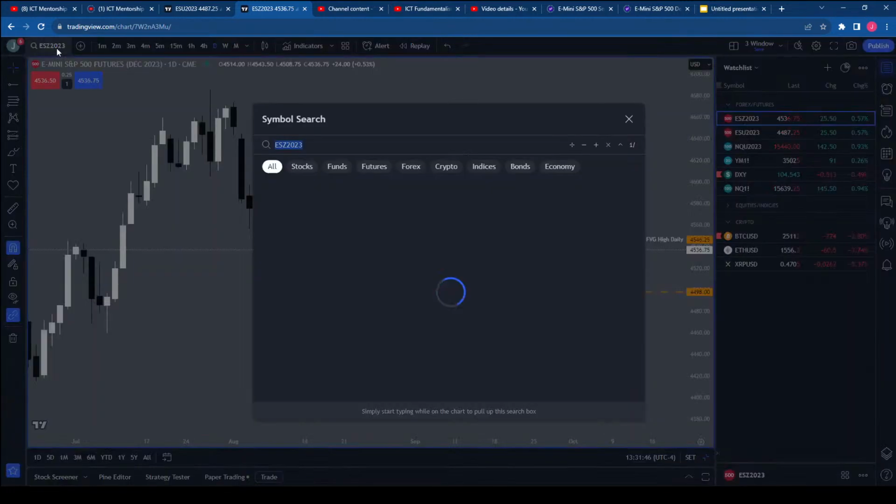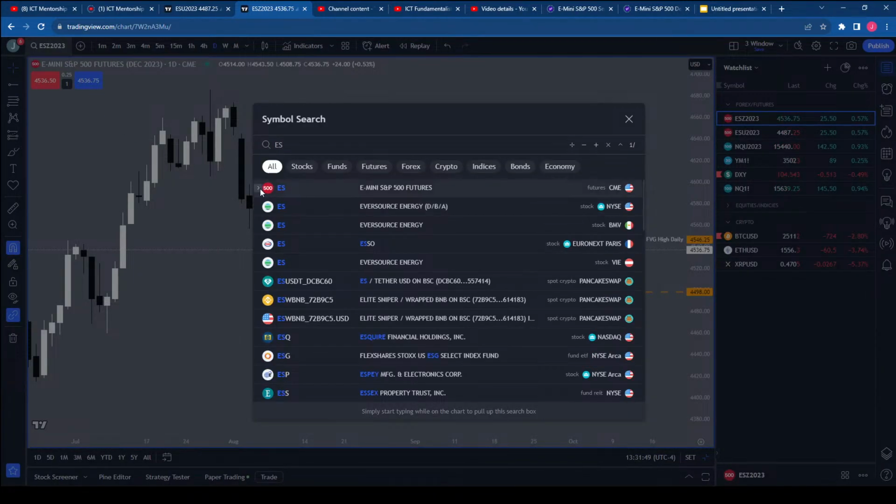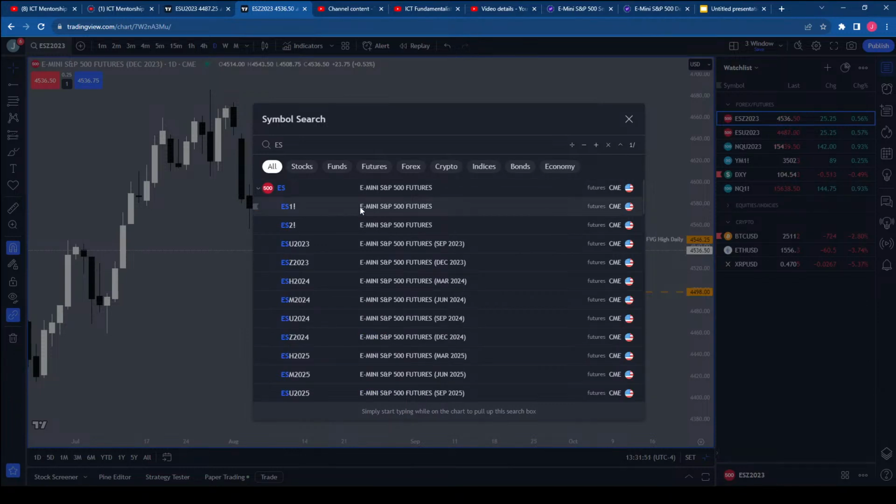If you go up here and you type in ES, these are continuous contracts. Usually we don't trade them. The way the contracts work is you have the contract for September, December, March, June, and then it'll rotate. It starts in March, and it's March, June, September, December, and they just rotate through those four.